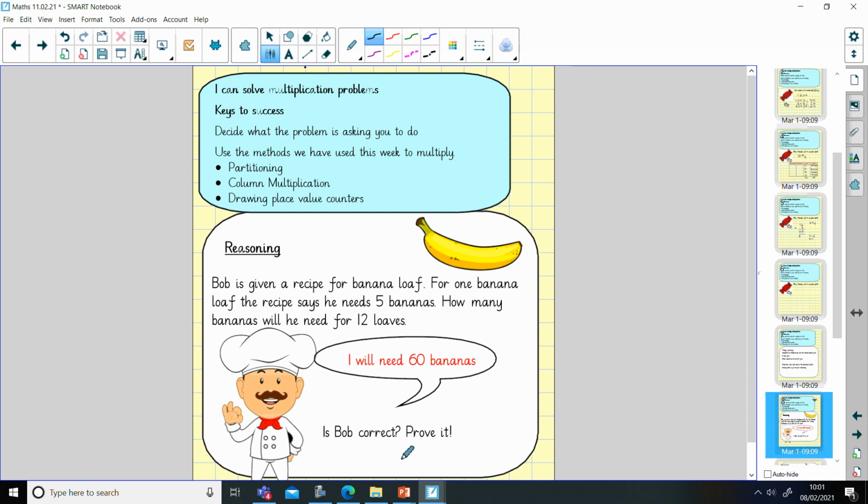And I've said, is Bob correct? Can you prove it? So you're going to prove whether Bob is correct or not by showing one of the methods, so either by the partitioning or your columns or drawing your counters. Pause the video and then come back to me when you're done.